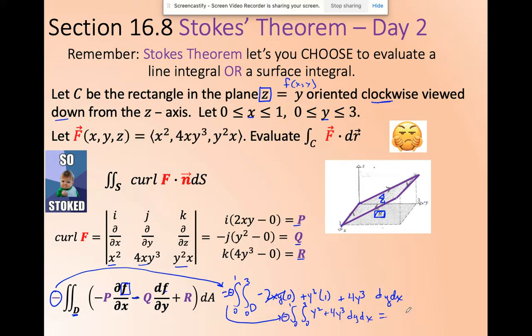Because the answer to the integral is 90, but the answer to our curl f dot n is negative 90, because I was going clockwise, which means when you're doing the surface integral, your normals are going to be pointing in.